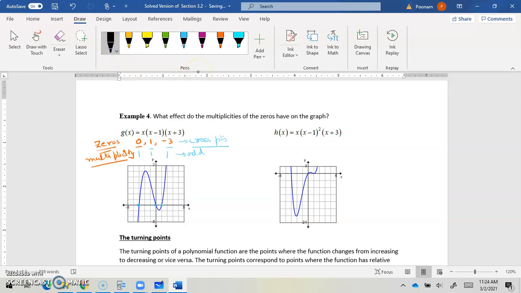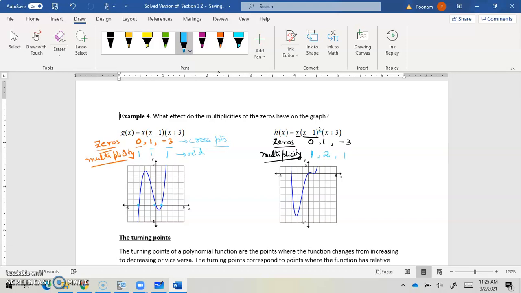Let's look at the second part. The zeros here will be 0 from x, 1 from x minus 1 whole squared and negative 3 from this last one. And the multiplicity of 0 is 1, of 1, how many times? x minus 1 is repeating 2 times.